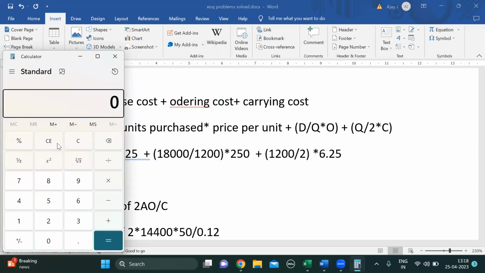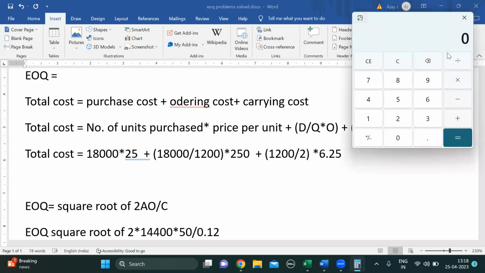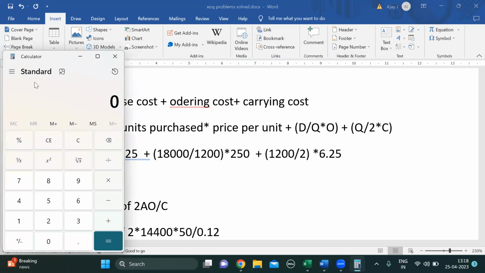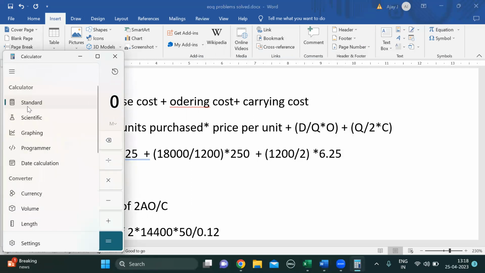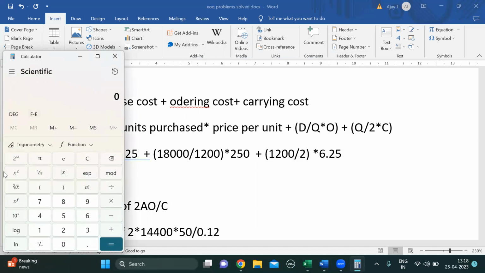In the calculator, we need a square root sign. Square root of 2 into 14,400 into 50, which is the ordering cost.